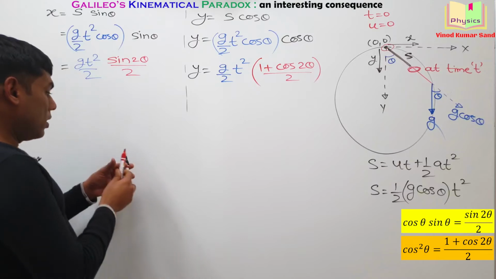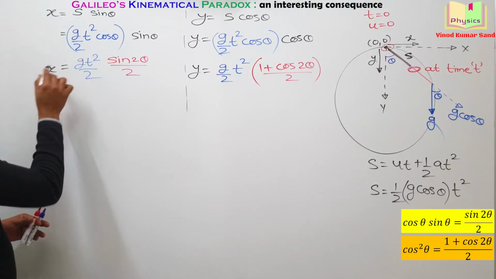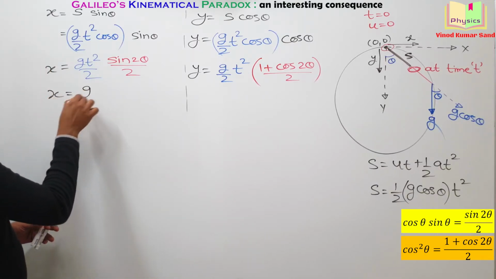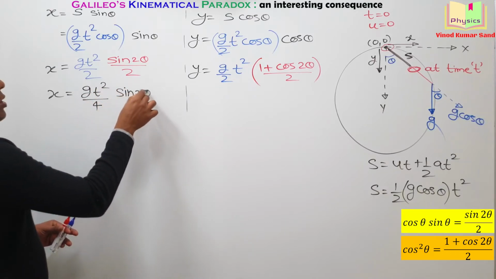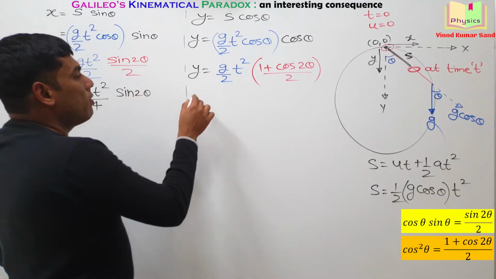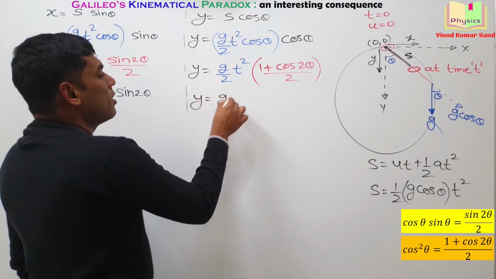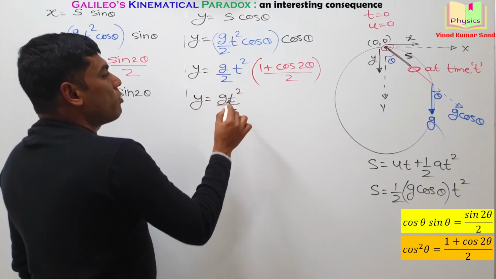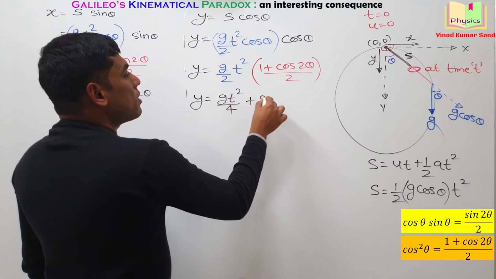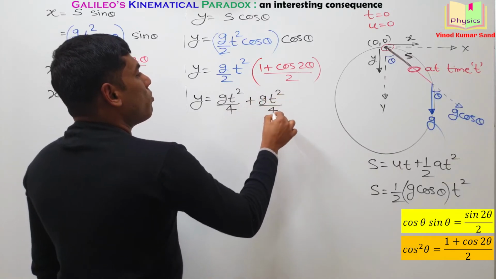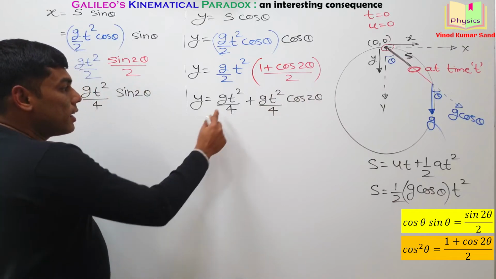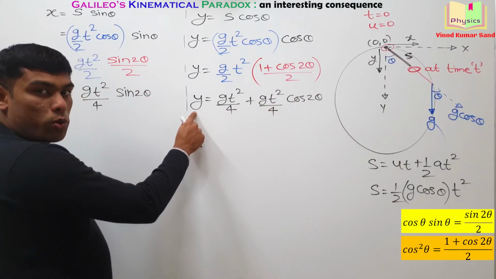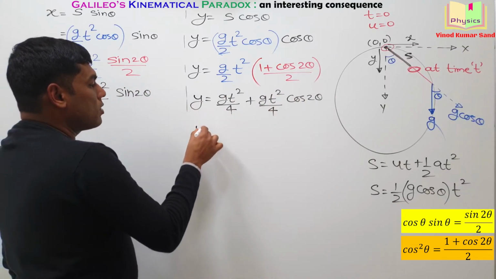Simple computation. So here I'll get the final value of x is equal to gt square by 4 sine 2 theta, and the final value of y here is gt square by 4 plus gt square by 4 cos 2 theta. Do you agree?